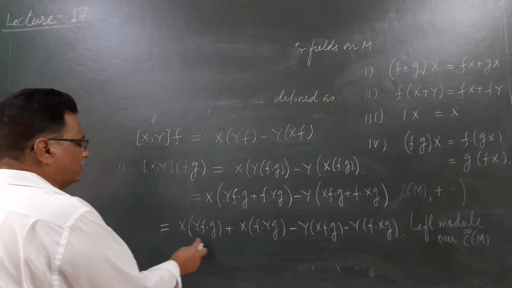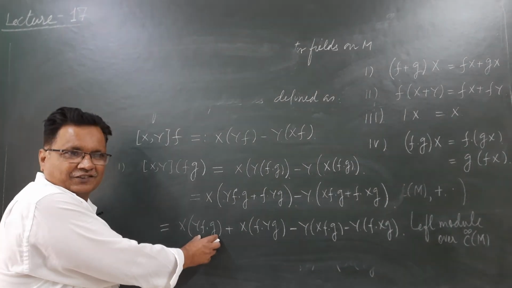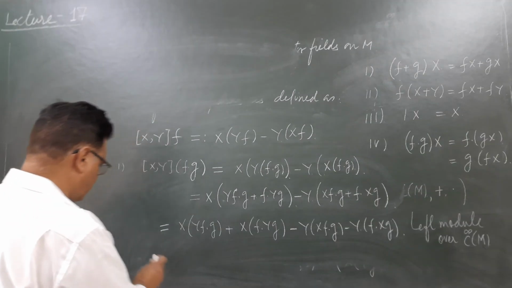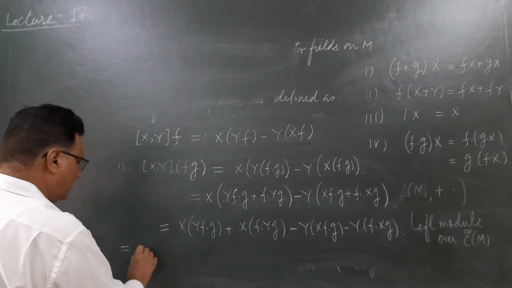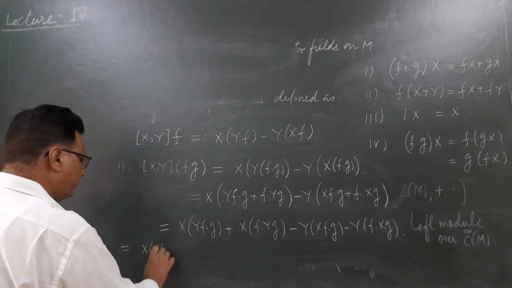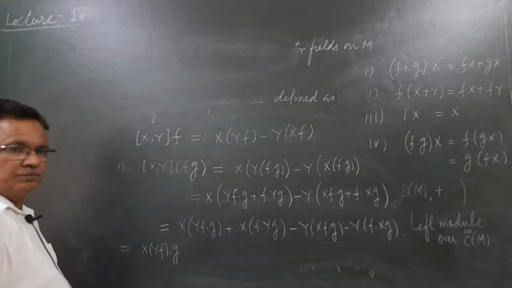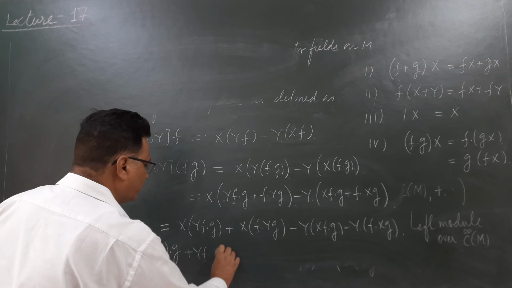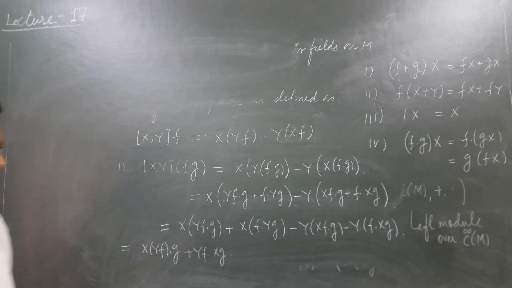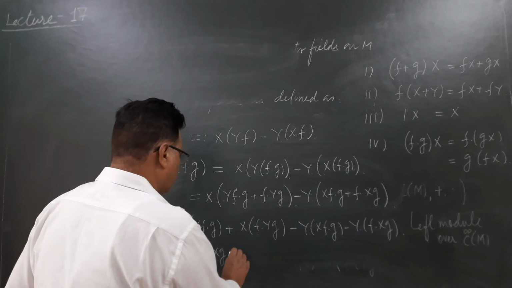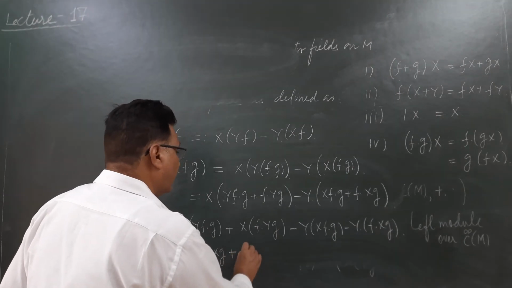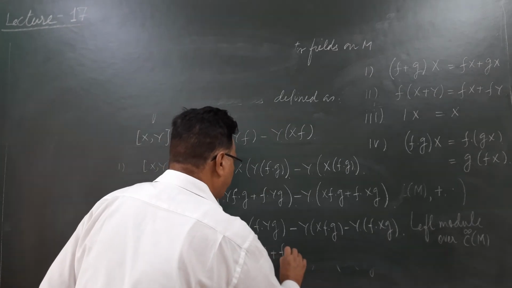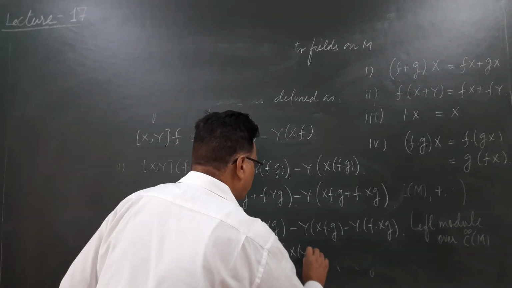अब देखिए X is operating on a product of two functions. So once again I have to appeal to Leibniz property. So by Leibniz property it will be X operating on Yf, g as it is, plus Yf as it is, X operating on g. Okay. Come over here, so it will be Xf into Yg plus f into XYg.